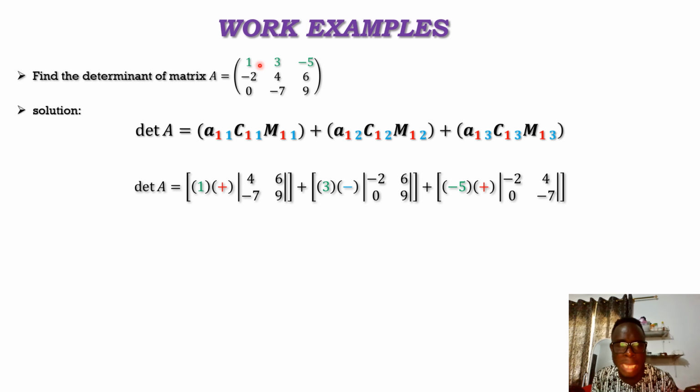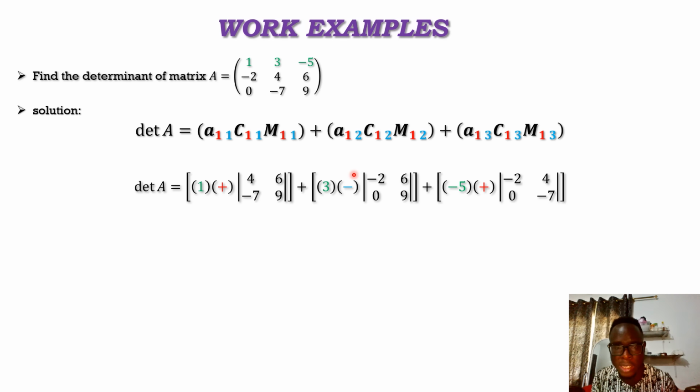So here the element 1 is the first element, the cofactor is positive, then the minor will be the determinant of the 2 by 2 matrix left when you remove the first row and the first column. So we have 4, 6, negative 7, 9. Plus the 3: the cofactor is negative, then the minor is the determinant of negative 2, 6, 0, 9.